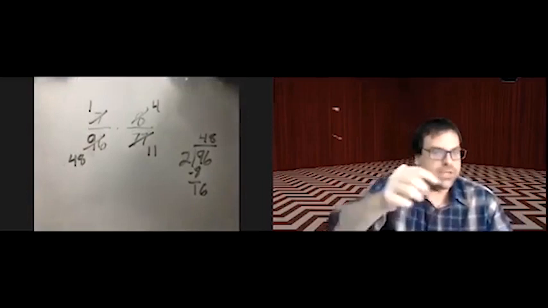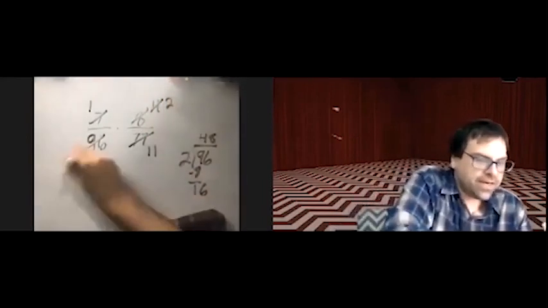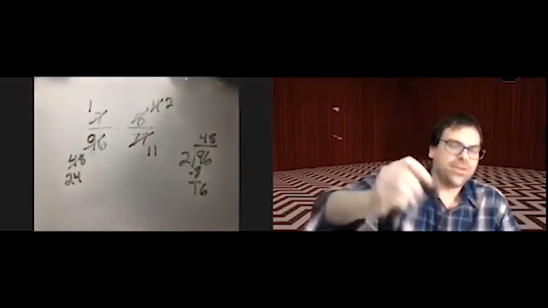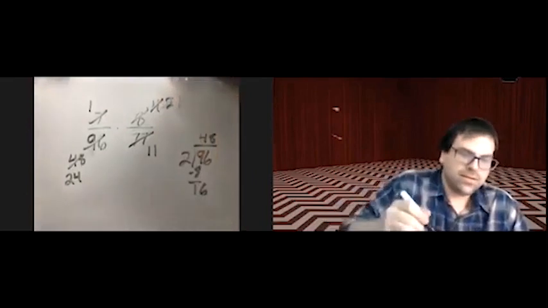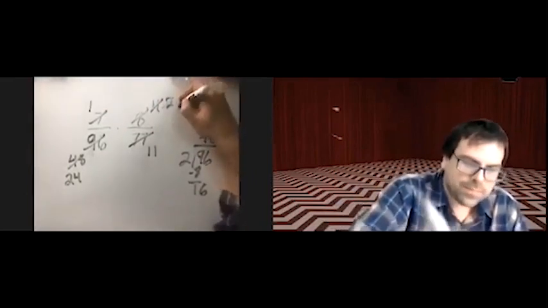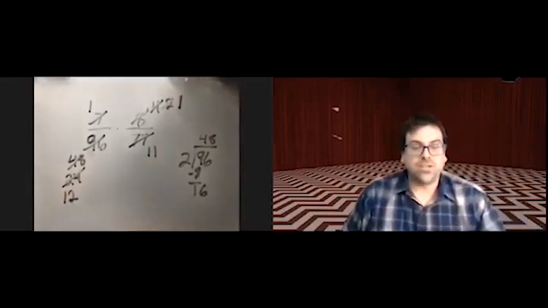I can divide by 2 again. 4 divided by 2 is 2. 48 divided by 2 is 24. I can divide by 2 again. 2 divided by 2 is 1. 24 divided by 2 is 12.